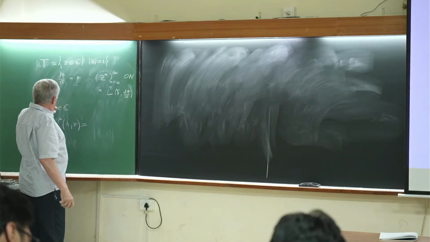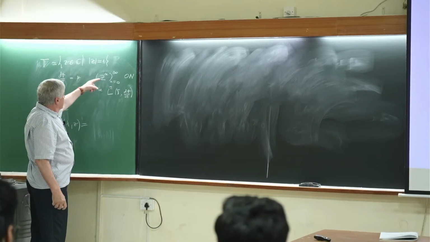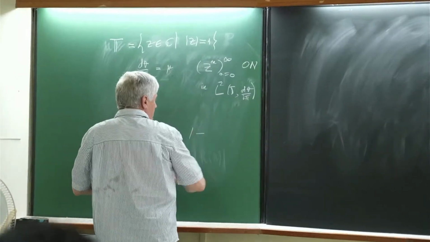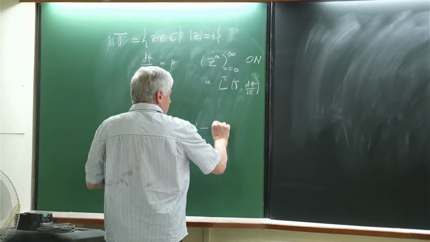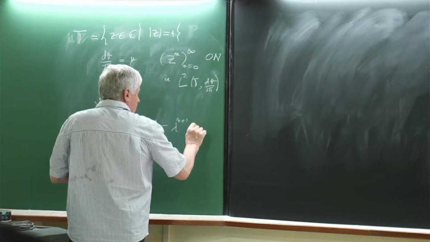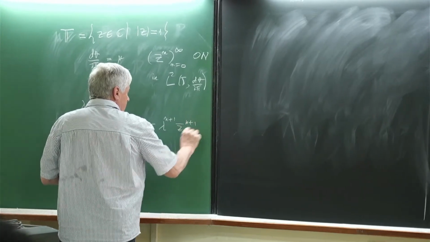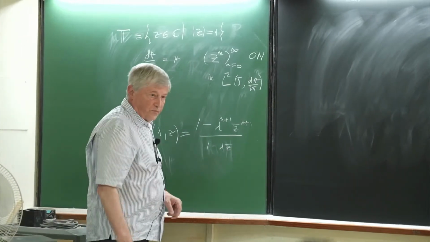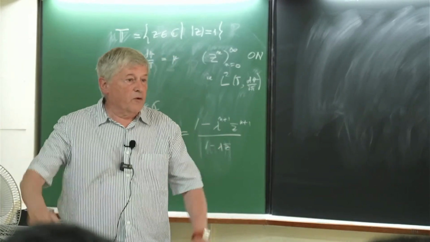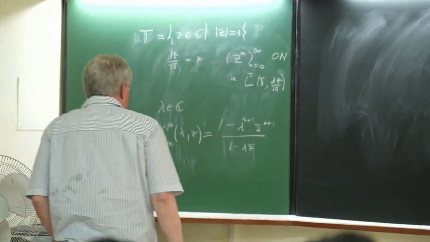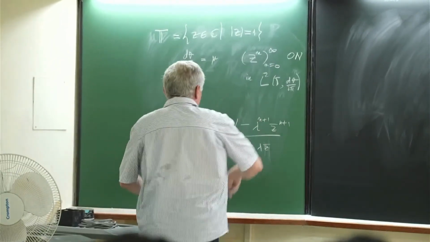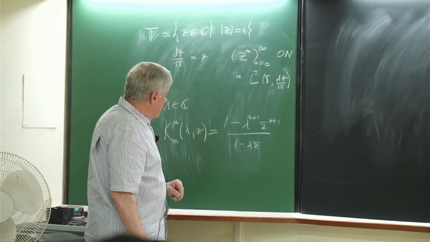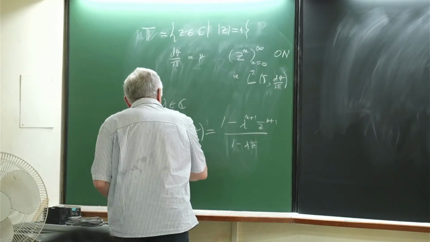Well, I have to take the sum of the orthogonal polynomials up to the respective degree, and as you know, it's a geometric series, so it's lambda to the n plus 1, z bar to the n plus 1 over 1 minus lambda z bar. Sum of the orthogonal polynomials. The Christoffel function will be 1 over this on the diagonal. So, very simple. Let's estimate this.